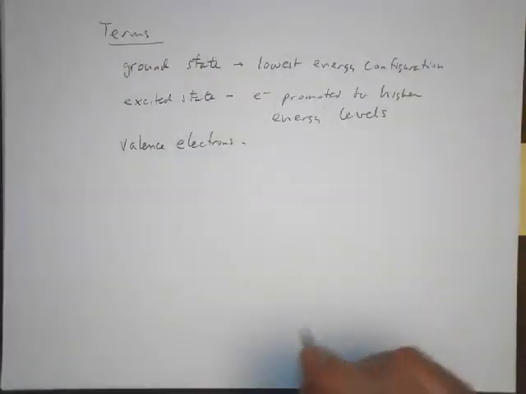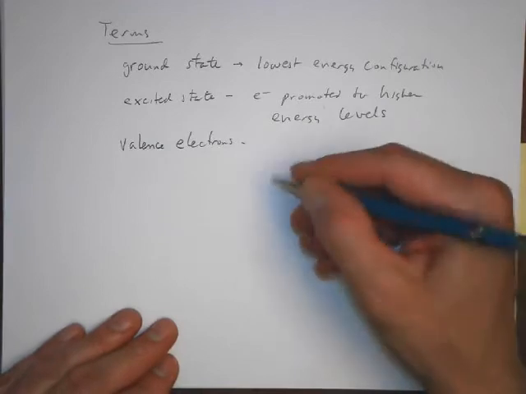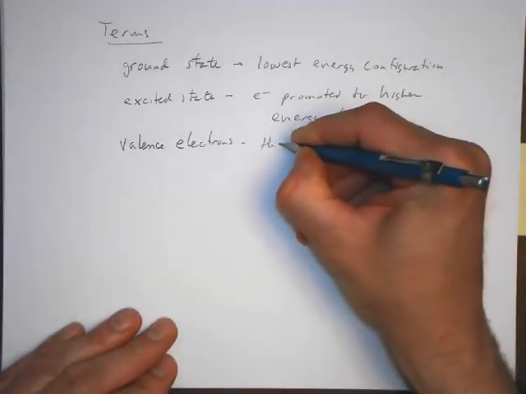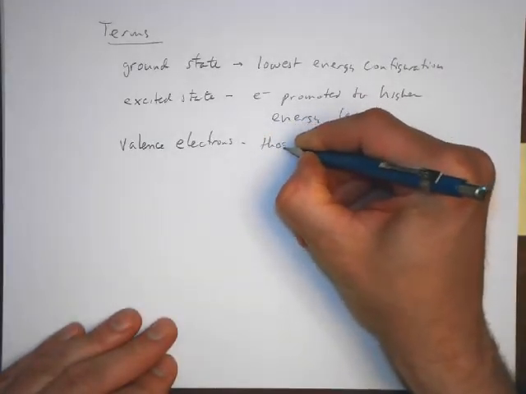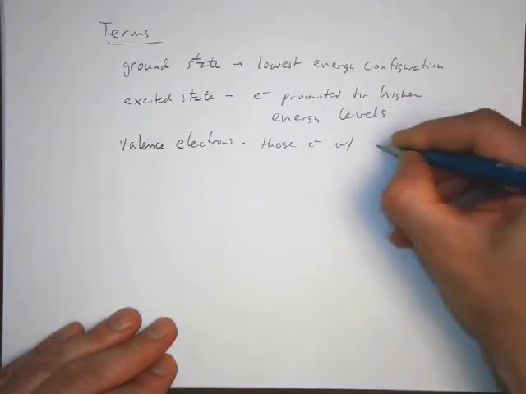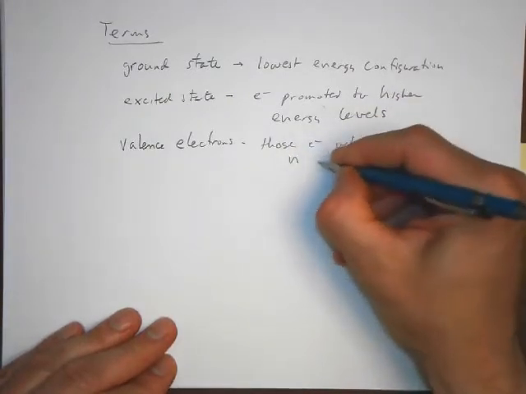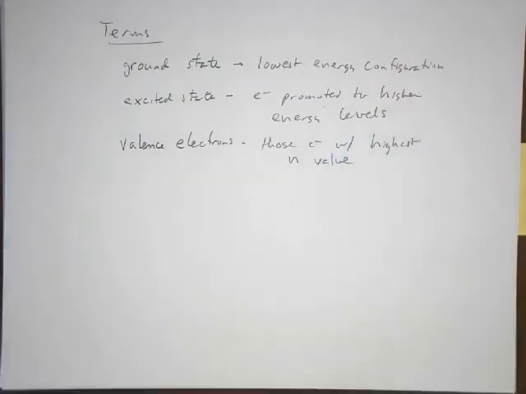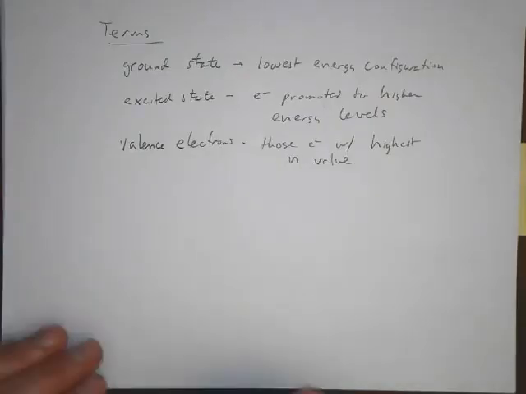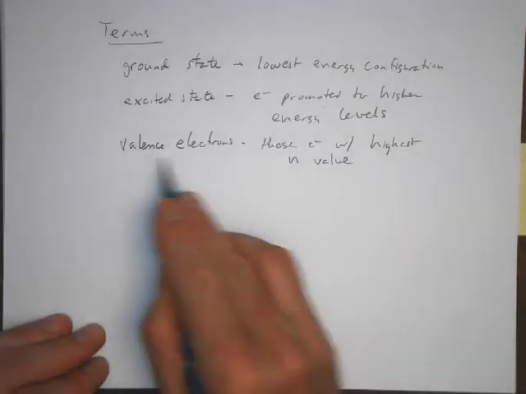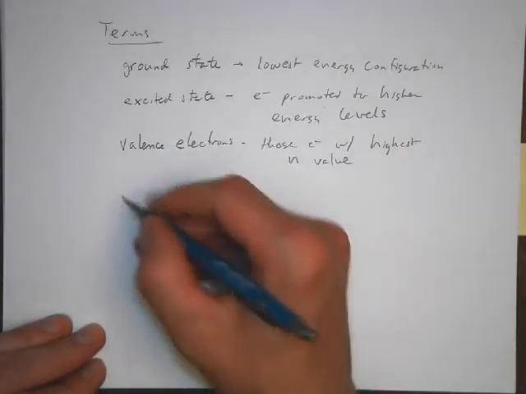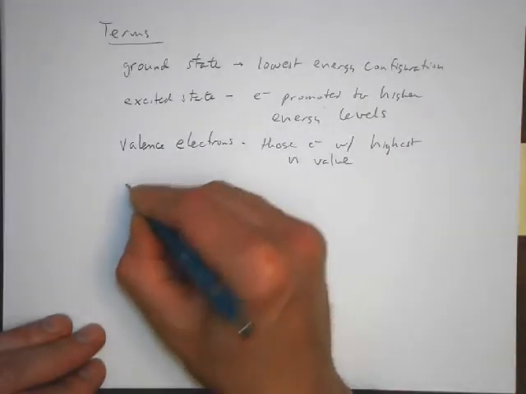Another way to think about a valence electron is even easier. Valence electrons are those electrons with the highest n value. That's the easiest way to think about it. And then we have the opposite of valence electrons, anything that's outside of the highest n value.